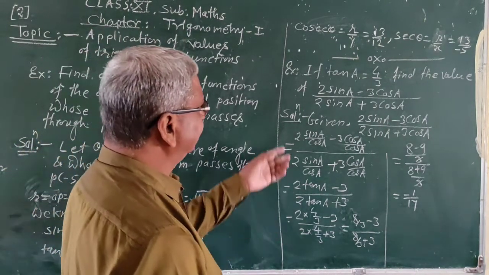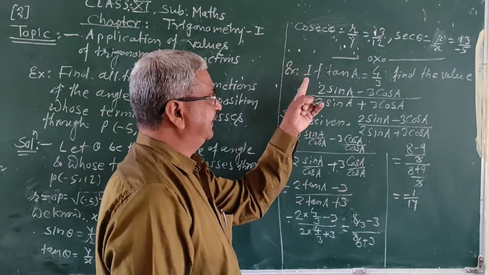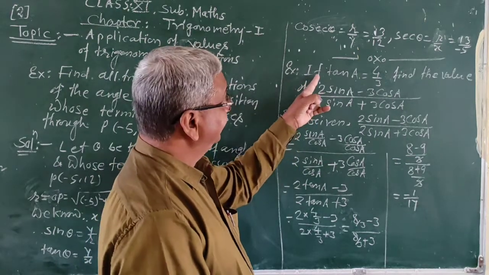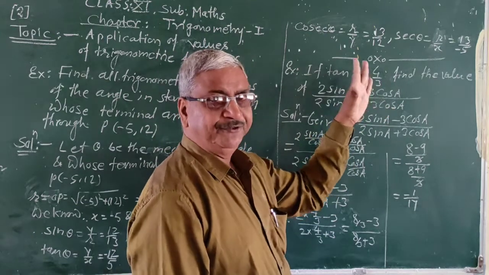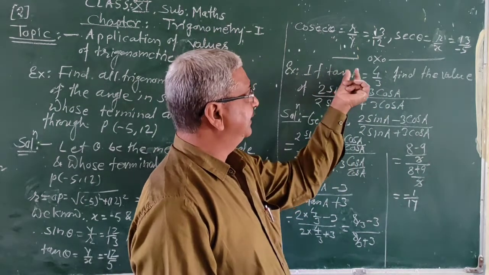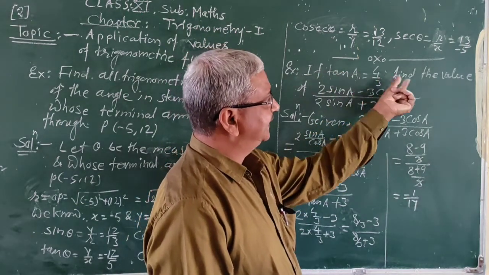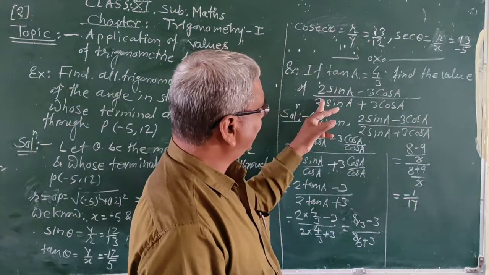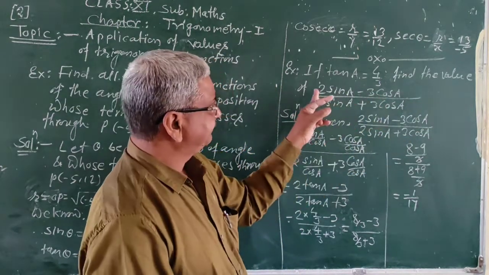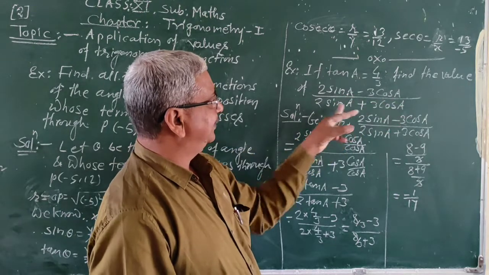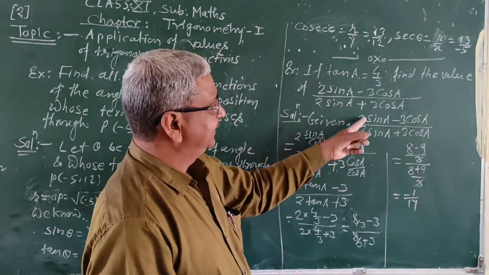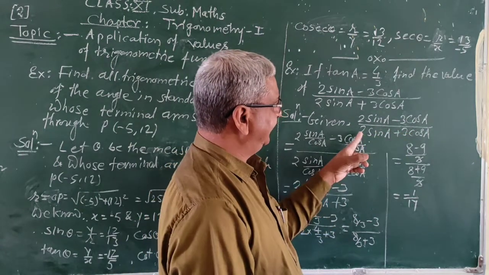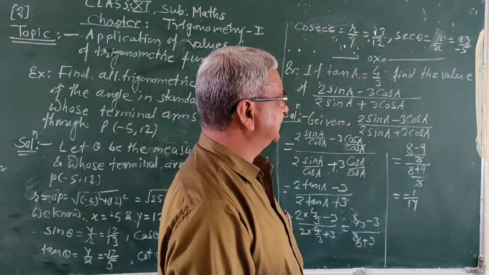Now we come to the next example here. If tan A is equal to 4 by 3, meaning the value of tan of angle A is given, that is 4 by 3, find the value of this expression: (2 sin A minus 3 cos A) upon (2 sin A plus 3 cos A).